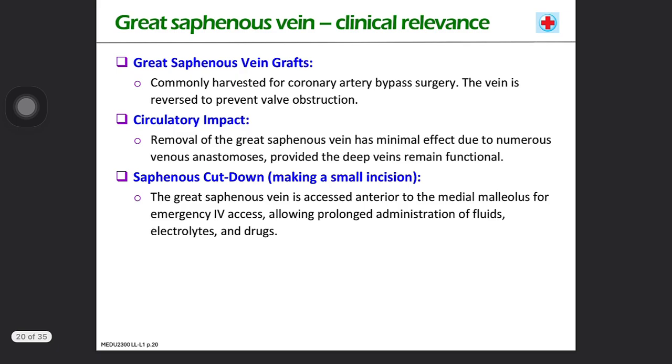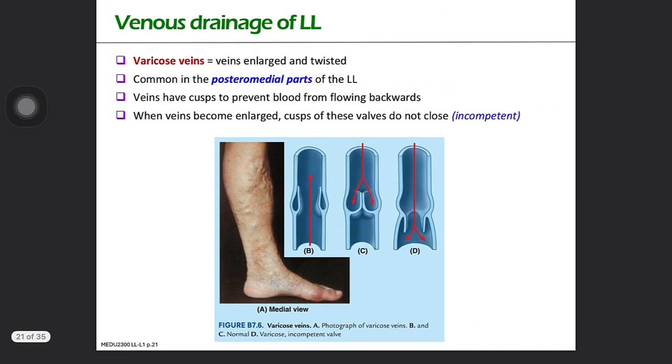So this is the clinical relevance. Why do we bother about the great saphenous vein? Somehow we use this one for coronary artery bypass. For information, particularly for the nurses, if they have to stand for a long time, or when you do surgery, standing for a long time, the great saphenous vein may develop venous drainage problems, like forming varicose veins.